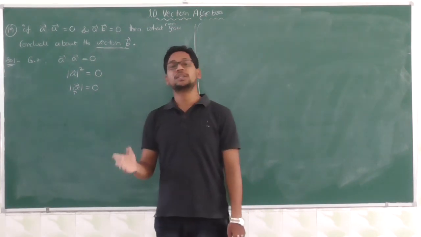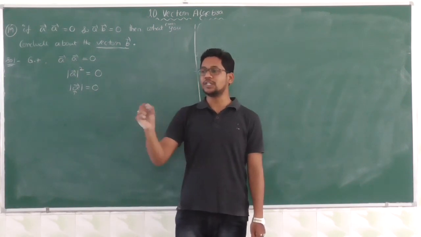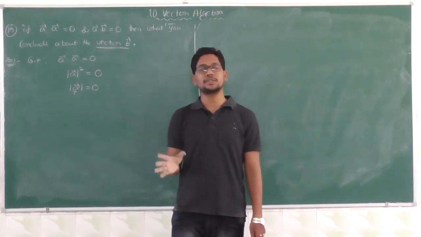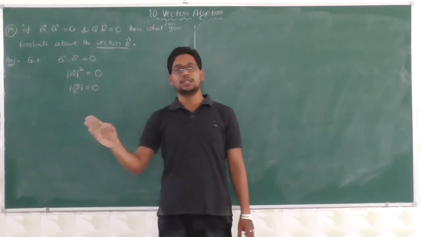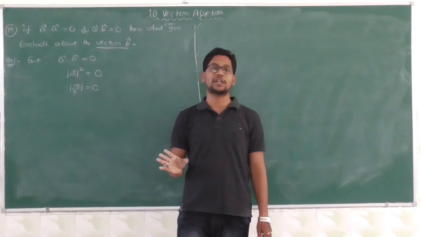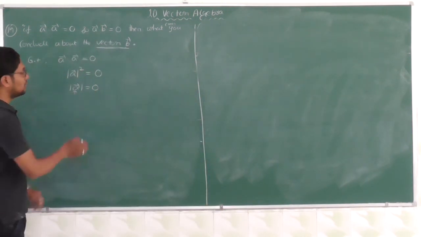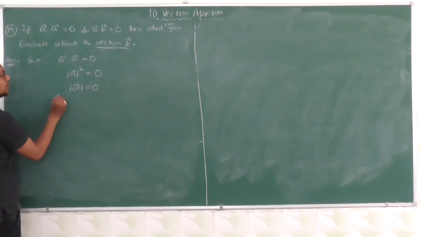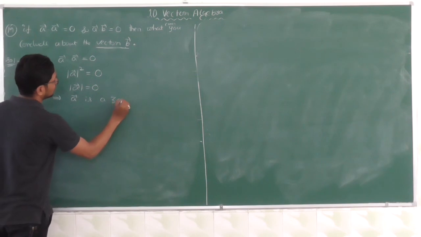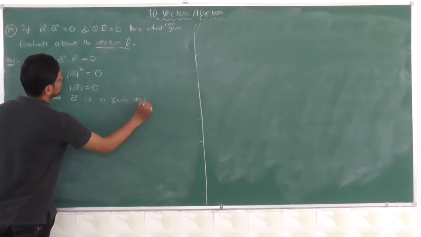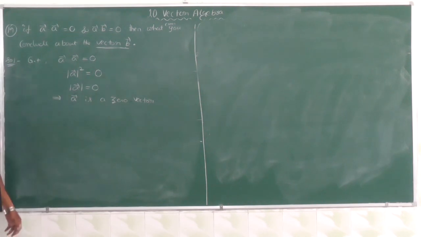Then we can say that vector is a zero vector. If the magnitude of that vector equals 1, then that vector is a unit vector. Here magnitude of A equals 0, then A vector is a zero vector, because magnitude of A is 0.